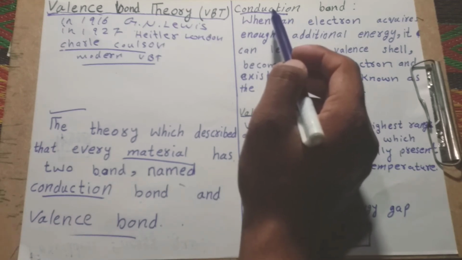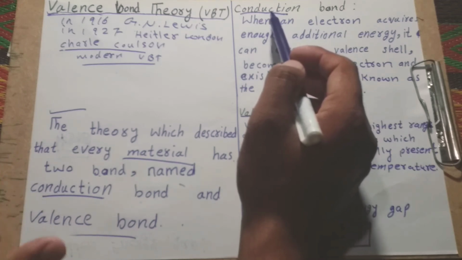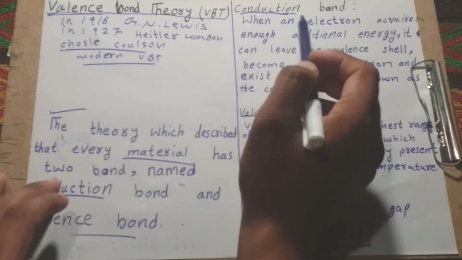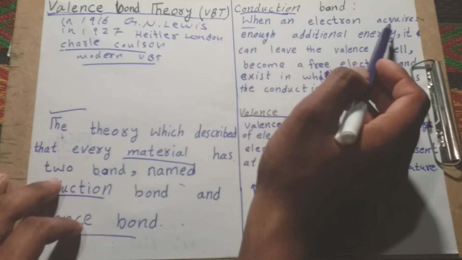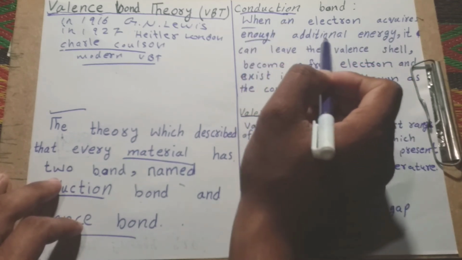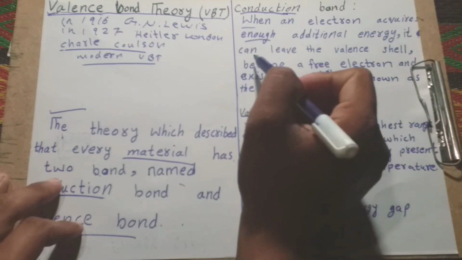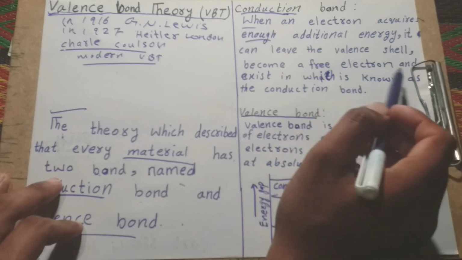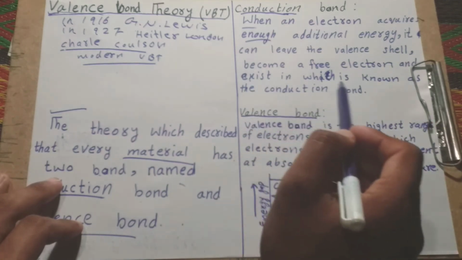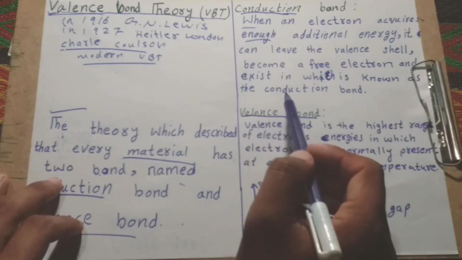When an electron acquires enough additional energy, it can leave the valence shell, become a free electron and exist in what is known as the conduction band.